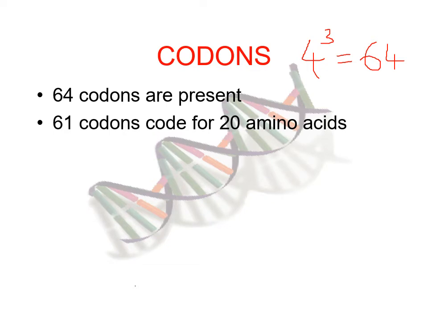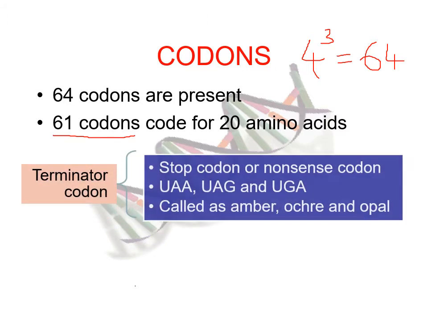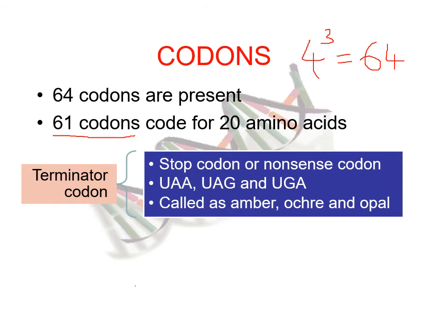Now, of these 64 codons, 61 code for the 20 standard amino acids. 3 of them do not code. These are called terminator codons, also called stop codons or nonsense codons. They are called terminator codons, which is a better terminology, because they terminate the protein biosynthesis. So these 3 terminator codons are UAA, UAG and UGA.